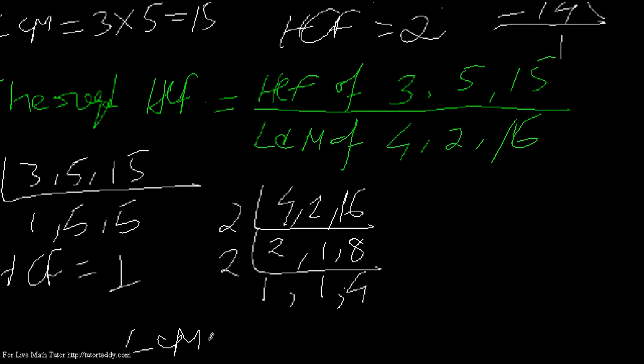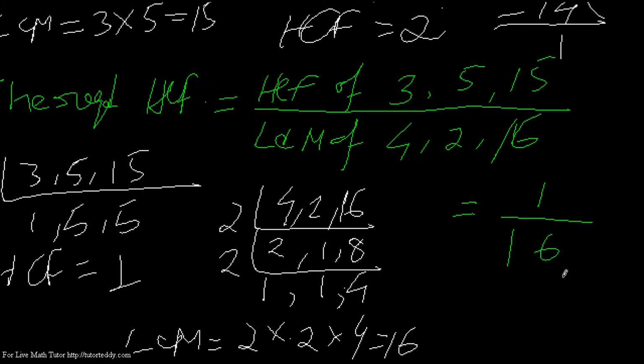So LCM of these 3 numbers in the denominator is 2 into 2 into 4, 2 twos are 4, 4 fours are 16. So the required HCF equals, HCF I have got 1, LCM I have got 16. So 1 by 16 is the required HCF of these fractions.